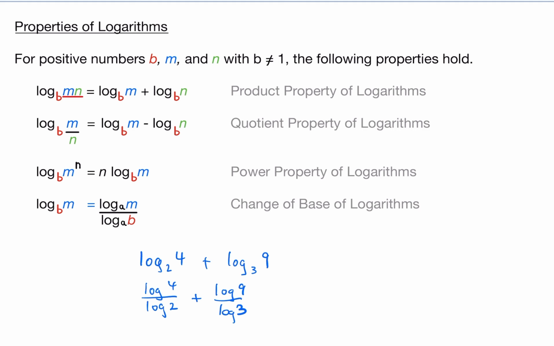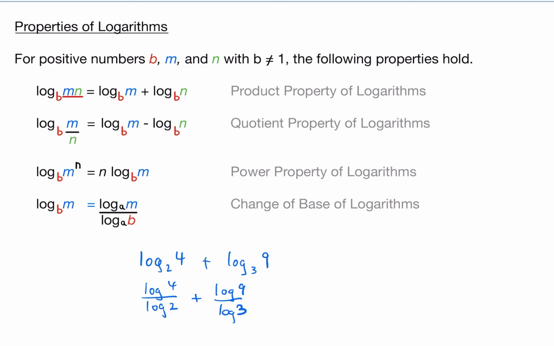And what this essentially does is it puts everything in a base 10 log. You could choose to use any other base, but 10 is the most popular one. But this property, change of base of logarithms, allows us to keep all of the bases the same. So we go from different bases to all the same bases.